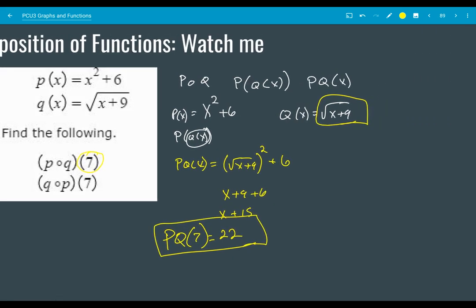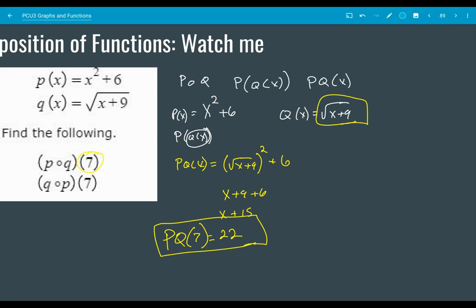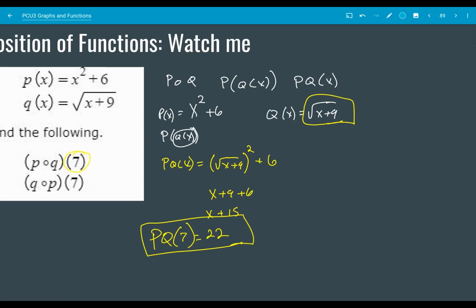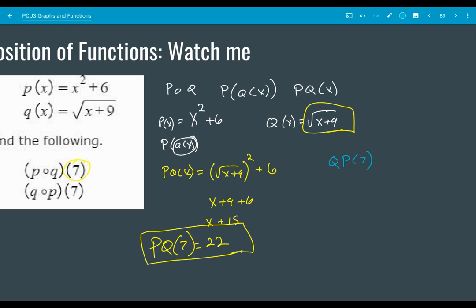The other way to do it is when you're just evaluating, like this particular problem is asking for, you don't have to do what I did right here. We can simply do, so we're looking at QP of 7. So we put 7 into P. So P of 7 is 7 squared plus 6, which is 55.